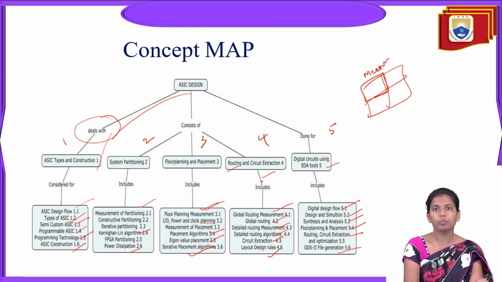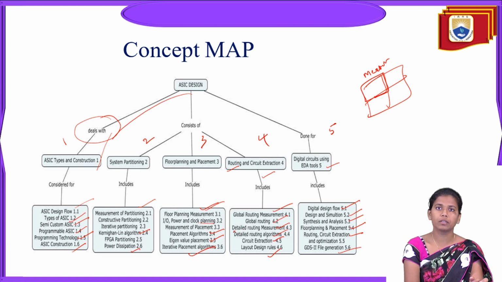And then soon after the third step, floor planning and placement, I have to move forward, where I have to route and then extract the circuit. In the routing and circuit extraction, I have to look after the measurements of particular things, mainly global routing.